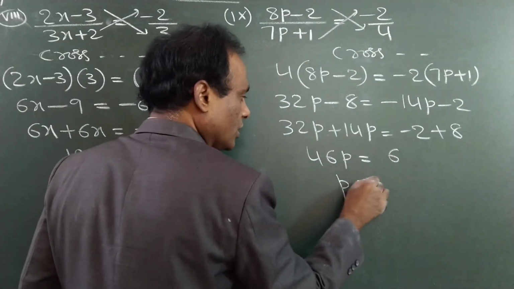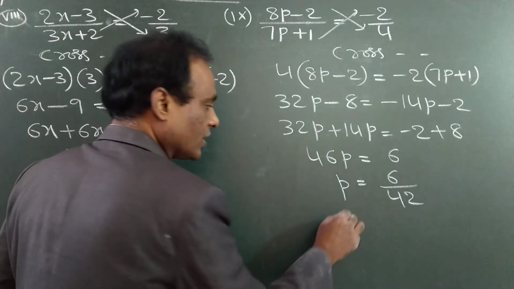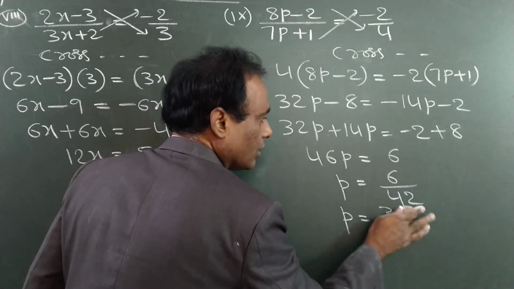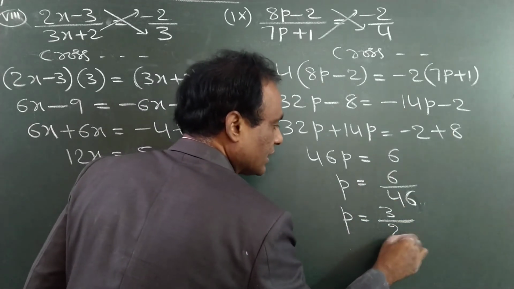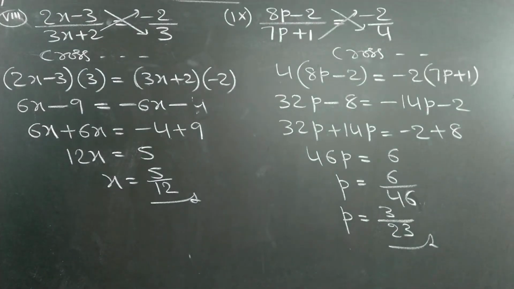So p is equal to 6 by 46. This is the answer. You can cancel with the 2 table. 2 3s are 6, 2 23s are 46. Cancel with the 2 table.